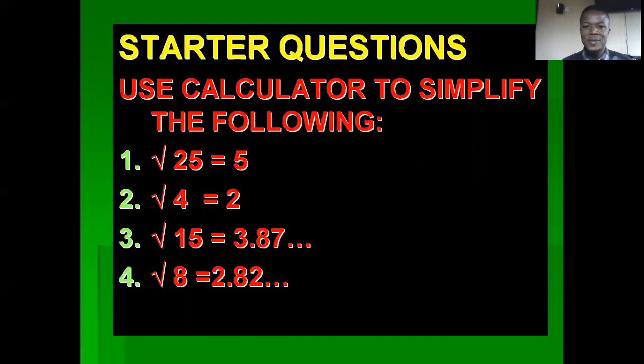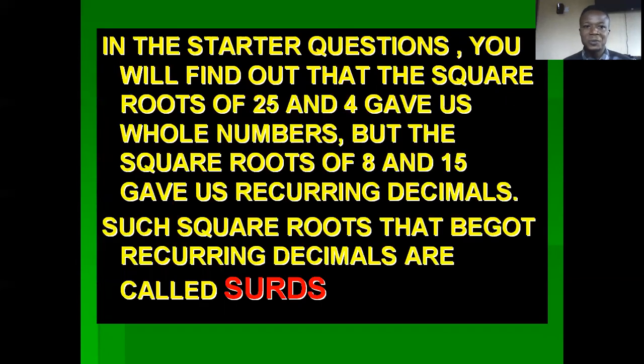Okay, this leads us into the topic of today, known as surds. So in those starter questions, you will find out that the square root of 25 and 4 gave us whole numbers, but the square root of 8 and 15 gave us recurring decimals.